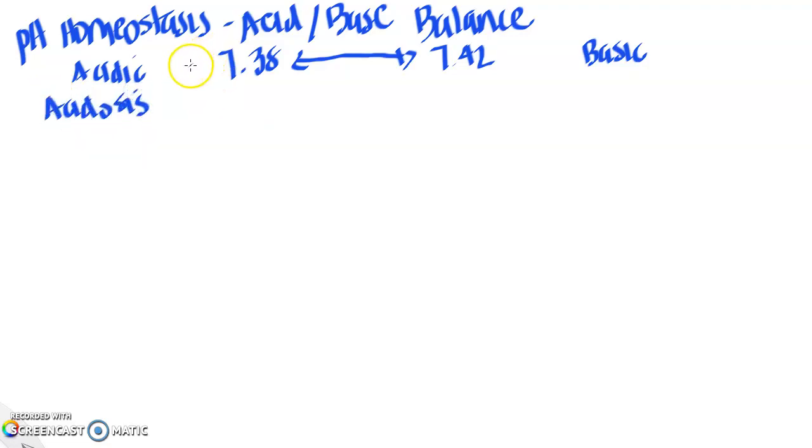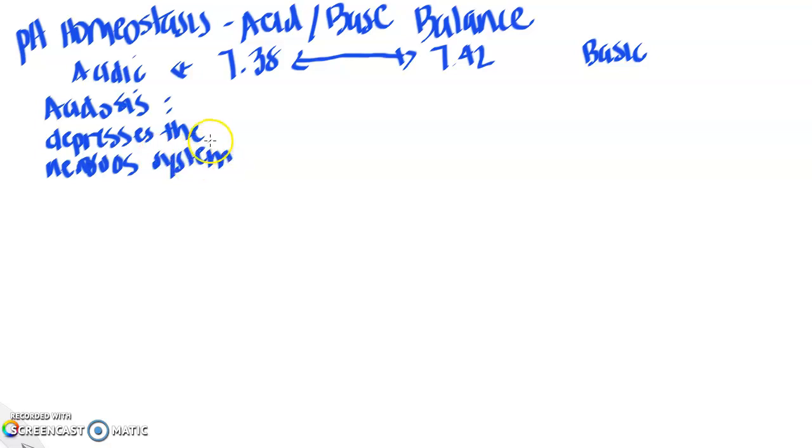Okay, so in acidosis, if we get too far below 7.38, acidosis can be an issue. In acidosis, the nervous system is depressed, so you could end up in a coma.